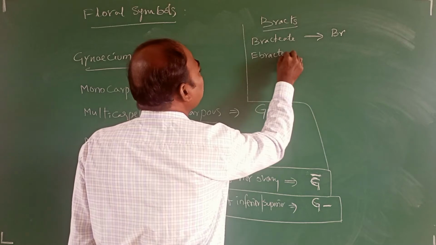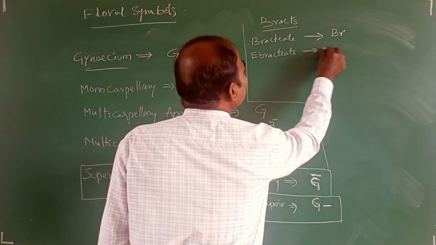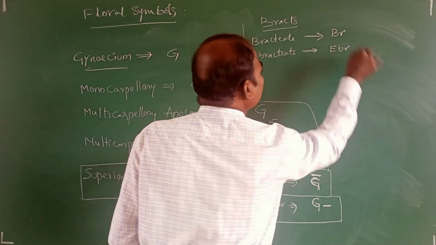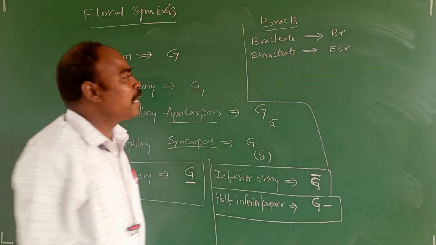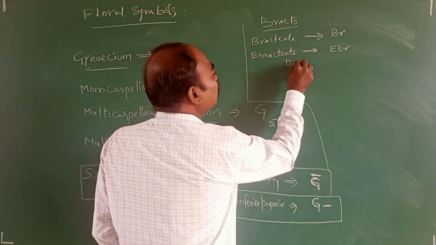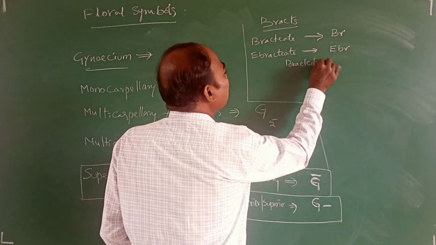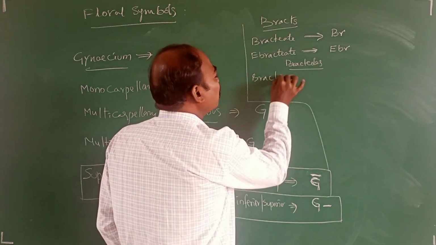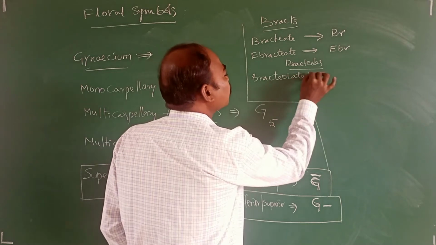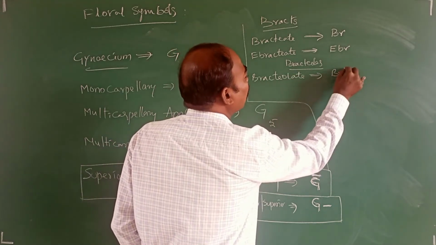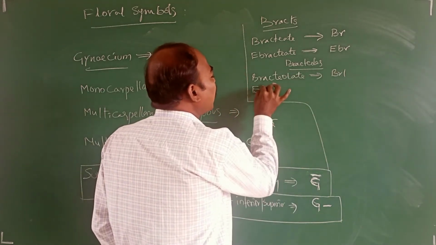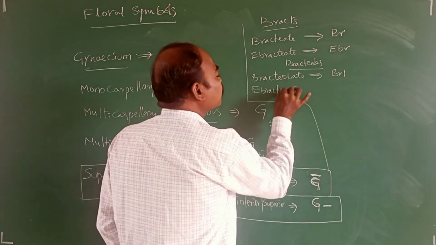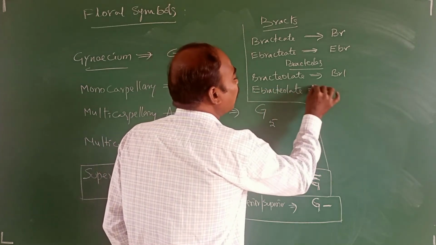Ebracteate, EBR. In some flowers, bracteoles are also there. If bracteoles are present, bracteolate, BRL. If bracteoles are absent, ebracteolate, EBRL.